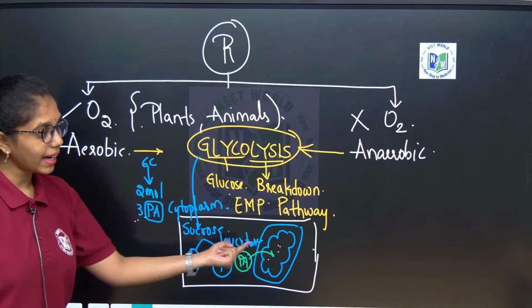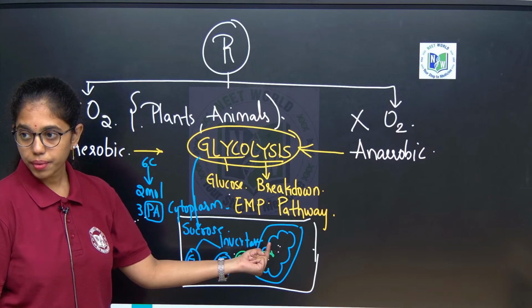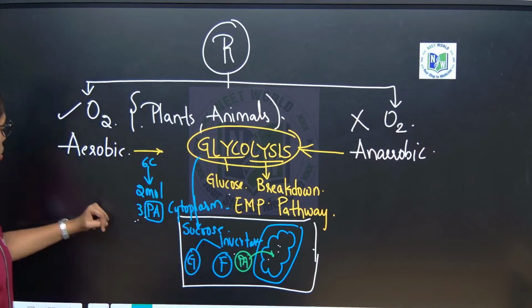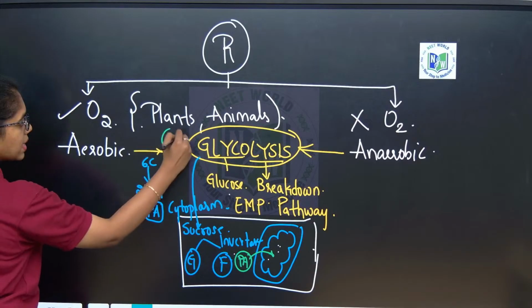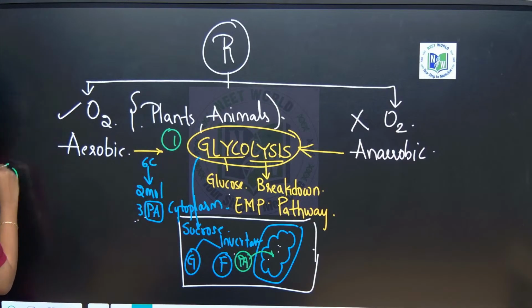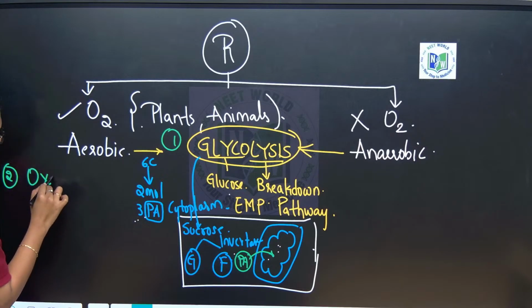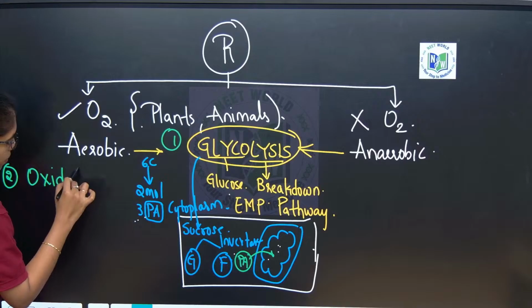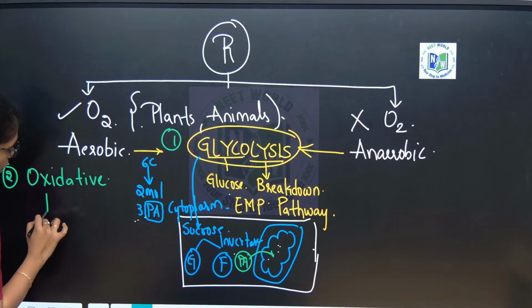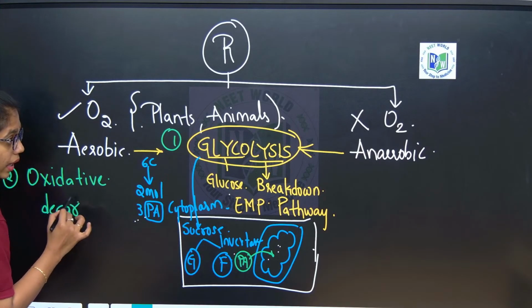Pyruvic acid will directly enter the mitochondrial matrix. So the first step is glycolysis, and second in aerobic respiration is oxidative decarboxylation. Remember the steps, oxidative decarboxylation.